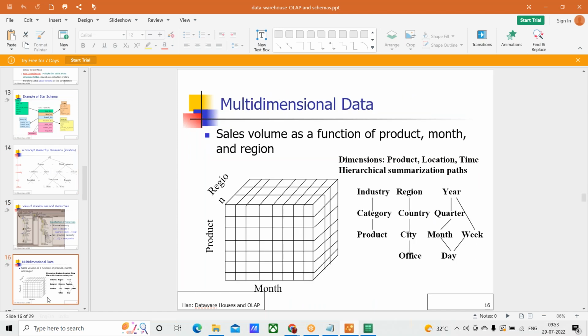In cube reporting, you can have particular measures. Generally, as in maths, this is the x-axis, y-axis, and something like height, the z-axis. So here in 3D reporting, you can do it on month, product, and region, like that.